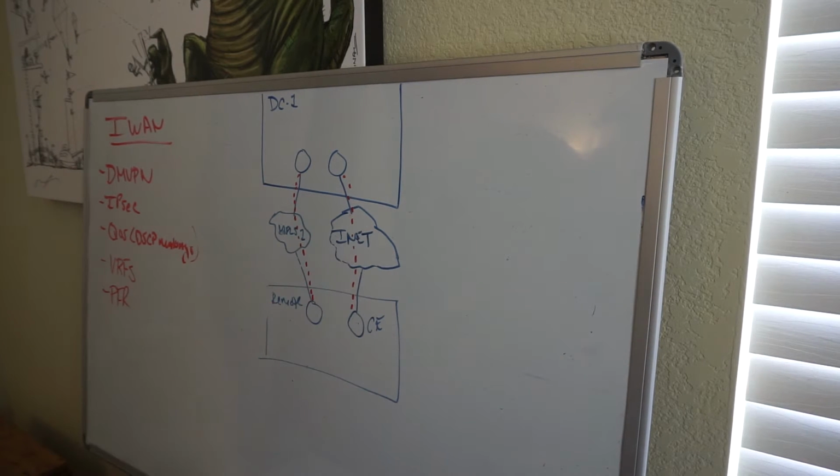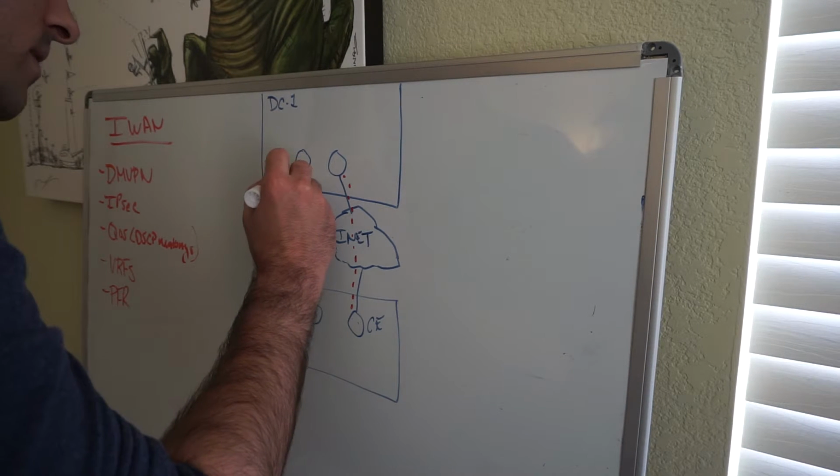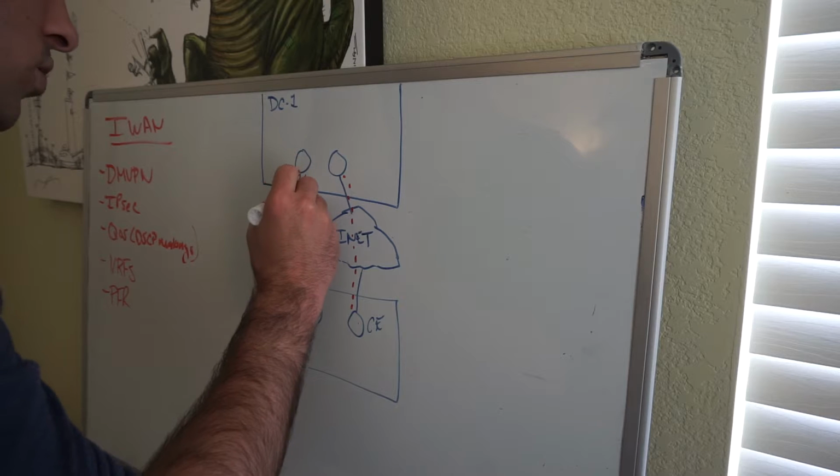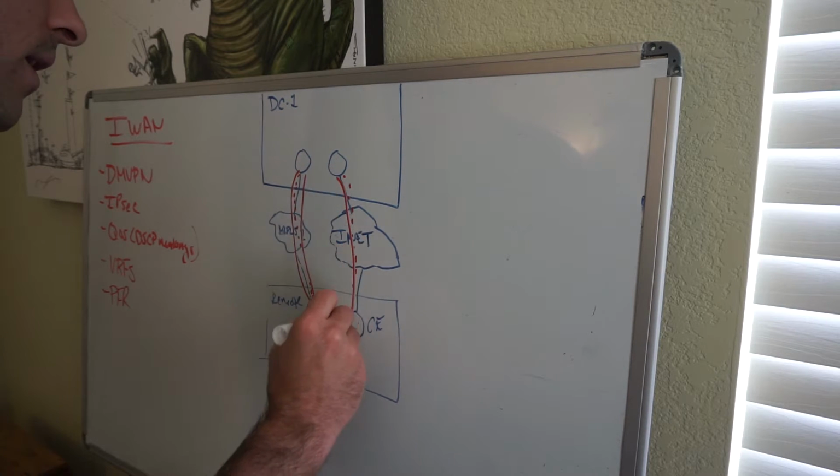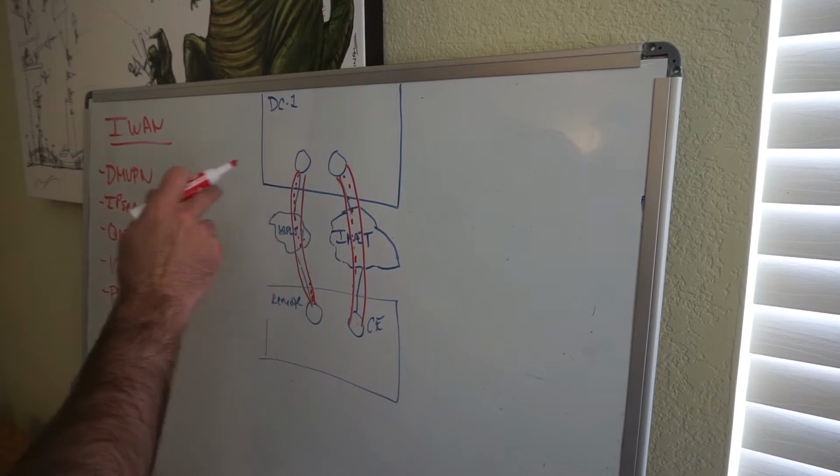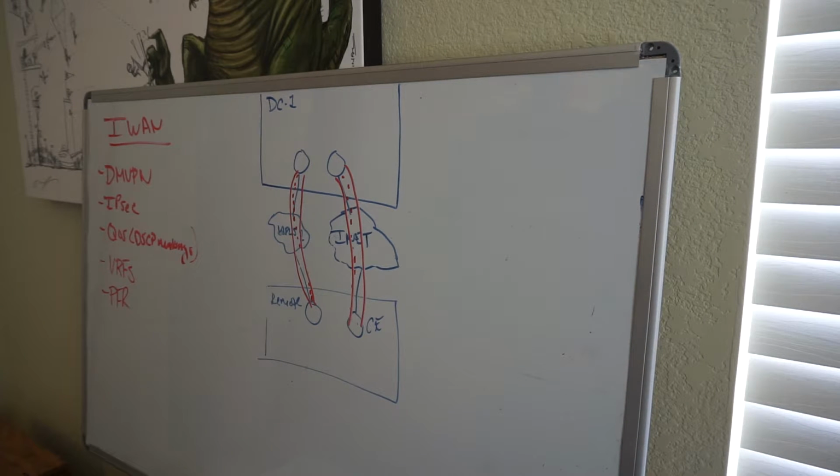I don't care if that's Level 3. I don't care if it's a Cox Business internet connection. I'm basically tunneling over it, using them just as a transport, and I'm encapsulating that with IPsec. So even though I'm going across the commercial internet, they have no visibility of what I'm sending. All they'll see is IPsec.